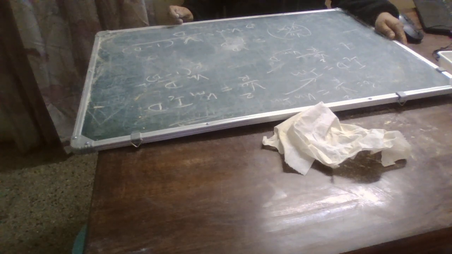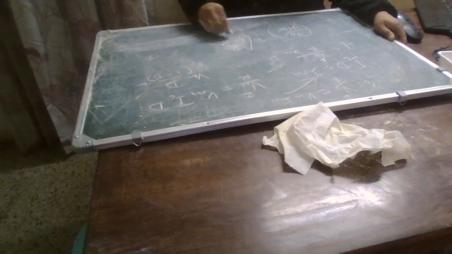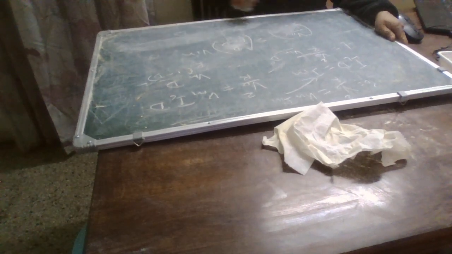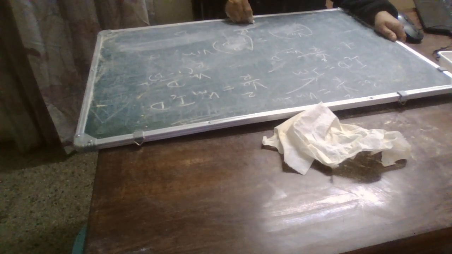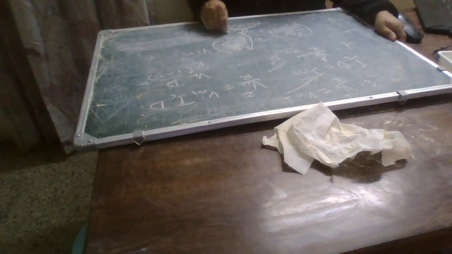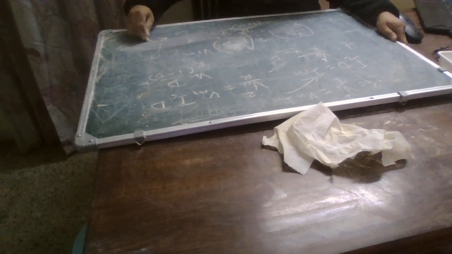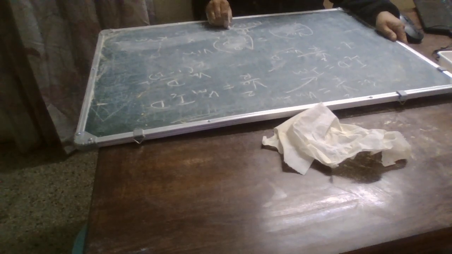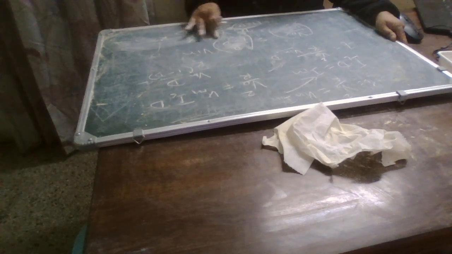Or simply, instead of complicating this, we put the V naught from this thing: it becomes D square upon 1 minus D the whole square, V input the whole square, and R times V input D. One D gets cancelled, it remains 1 minus D square, and V input gets cancelled with one V input.